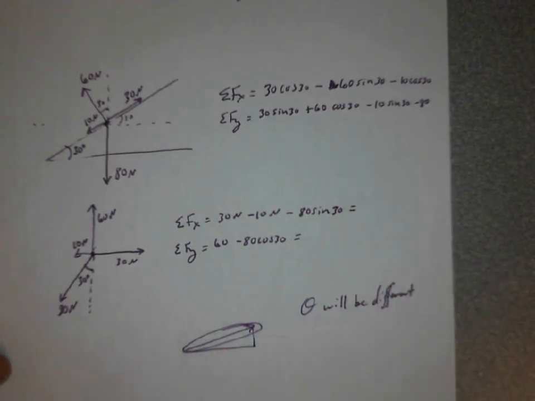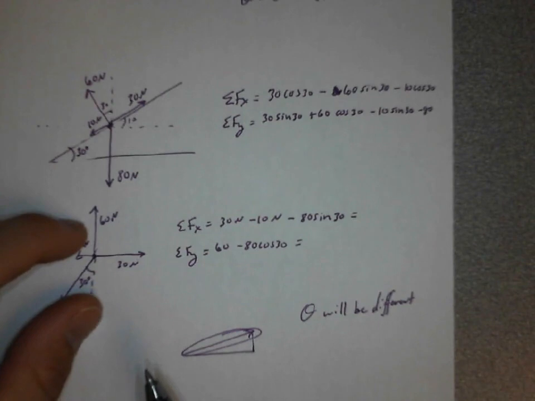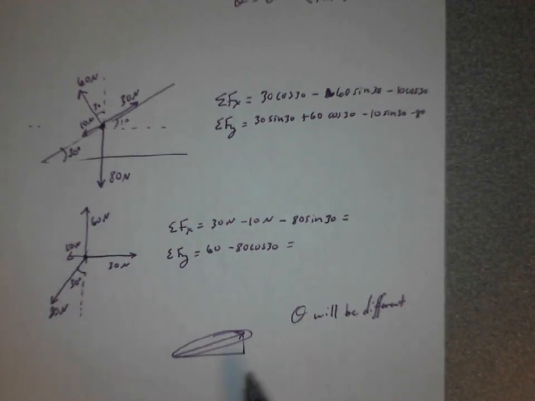But the magnitude of the vector itself should be the same. The reason why the angle is different is because we've tilted this one 30 degrees. So the angle should have a difference of 30 degrees from each other if you were to do the two different scenarios side by side.